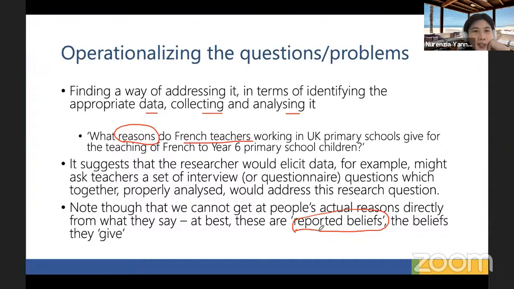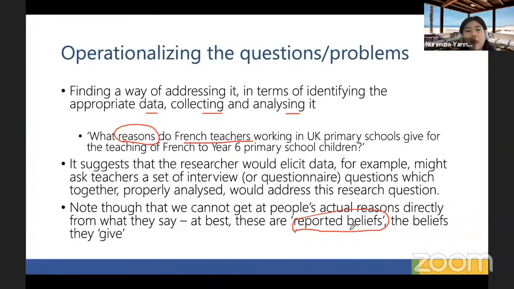Nah, kalau misalnya researchernya bilang, tapi aku nggak mau yang reported belief, nah, then he or she needs to create another way to collect data. Misalnya observations, gitu ya. Karena dia nggak mau jawabannya, datanya itu nanti adalah reported beliefs, tapi dia mau sesuatu yang lebih objektif. Itu, okay, I will do observation in the classroom.